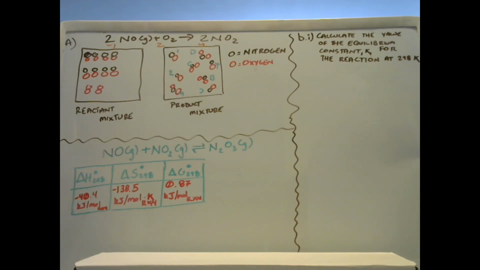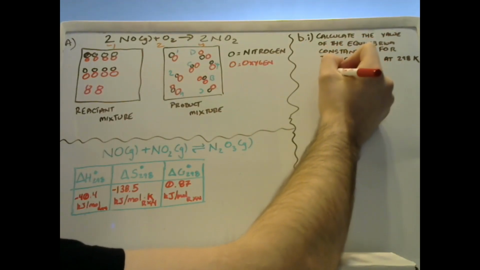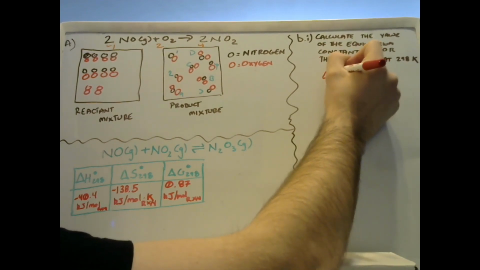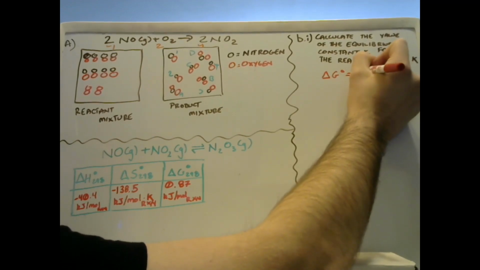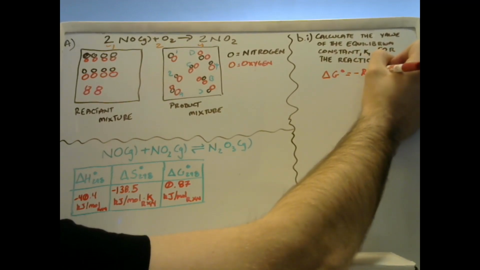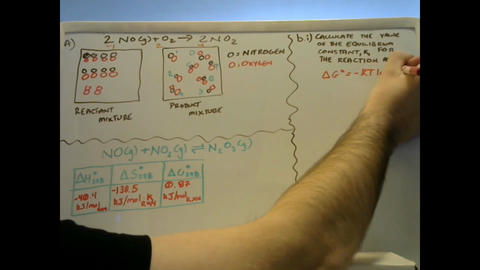Now, we've touched on this briefly, but a far easier way to go about this problem is you look at your equation sheet and you go, okay, which one has a piece of data that we have and K. If you look through your equation sheet, you'll eventually find that there's a single equation that has data we have and K. And that equation is delta G standard equals negative RT ln K.